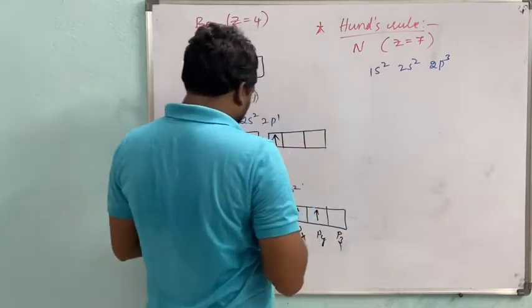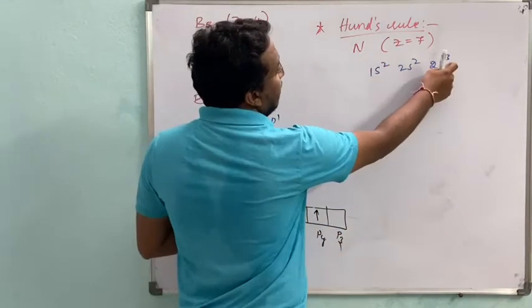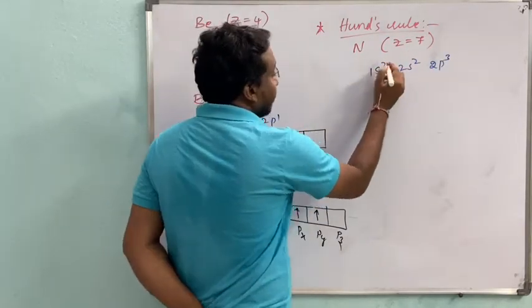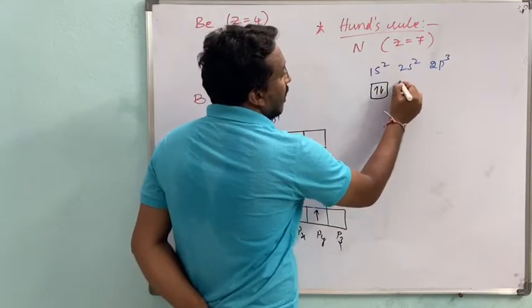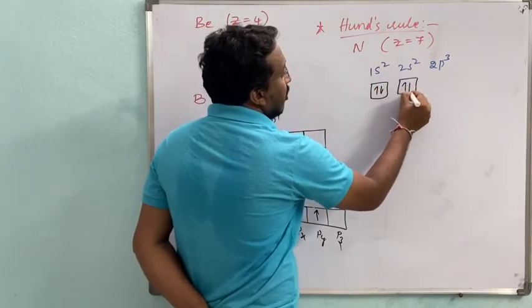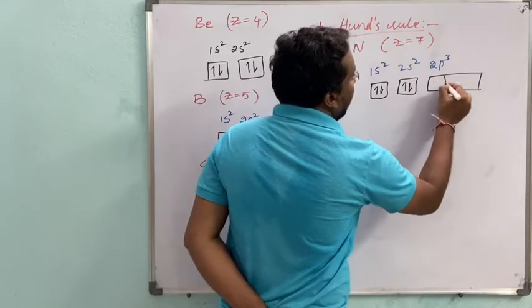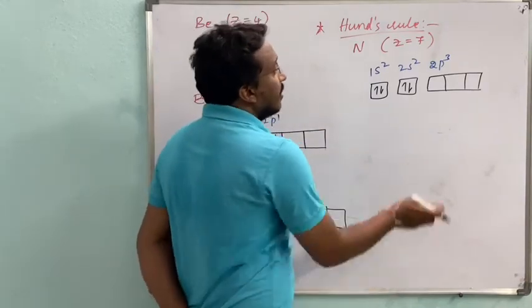Then see here, 2 plus 2 is 4, 4 plus 3 is 7, right? Atomic number is equal. Then here we fill 2 electrons, and next 2 electrons, and next here it has 3 degenerate orbitals.